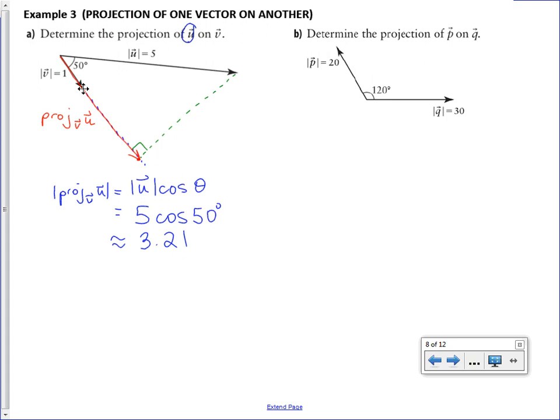So the projection, I'm dropping the bars, and I'm just going to write 3.21 vector V. Is that an accurate description of the red vector?